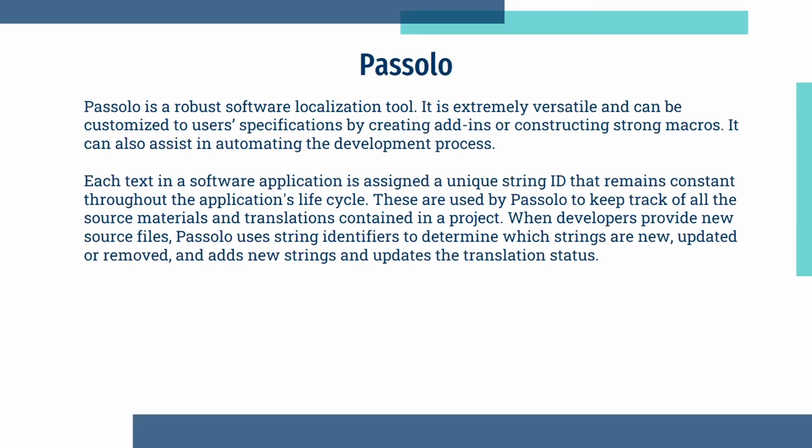Therefore, when developers provide new source files, Personal will use string identifiers to determine which strings are new, updated, or removed. Also, it can add new strings and update their translation status.